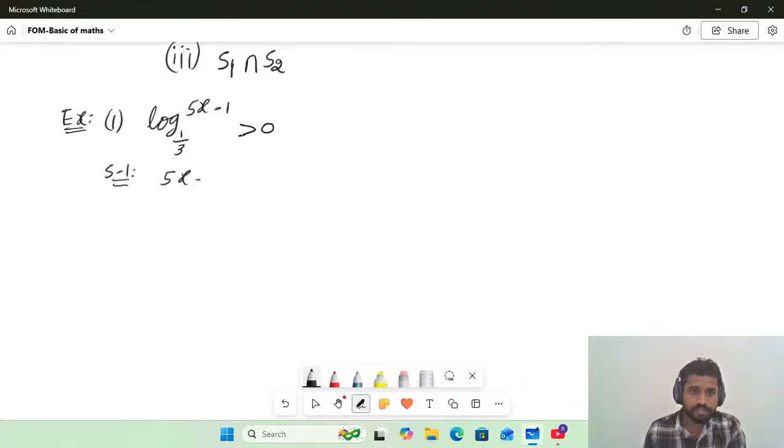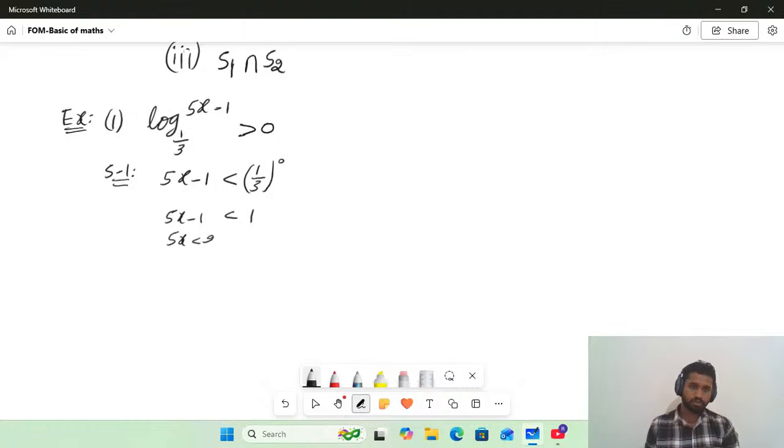So 5x minus 1 is greater than will become less than 1 by 3 whole power 0. 1 by 3 whole power 0 is nothing but 1, so 5x is less than 2, and x is less than 2 by 5.